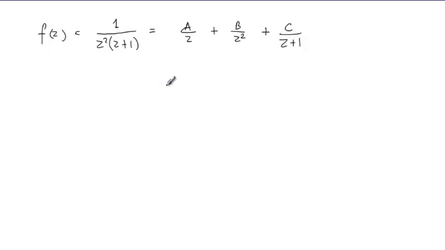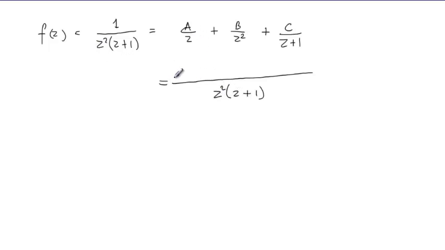Now, I hope you remember how to do this. We'll get the common denominator here, which is z squared times z plus 1. Then we divide by each denominator.